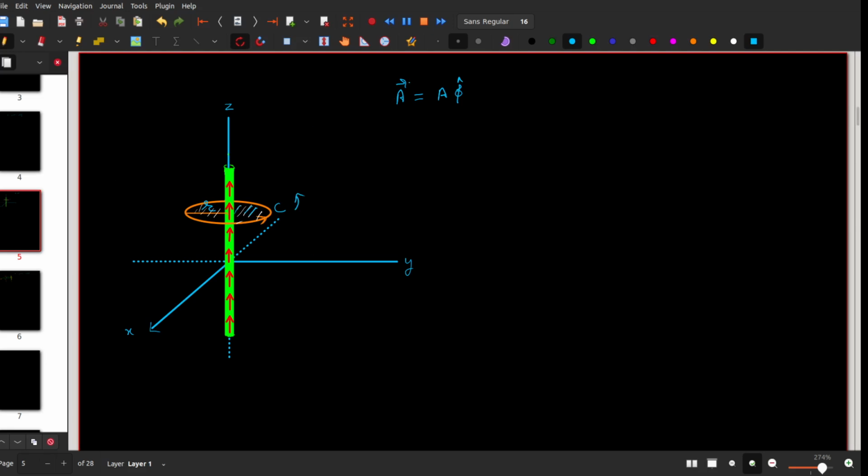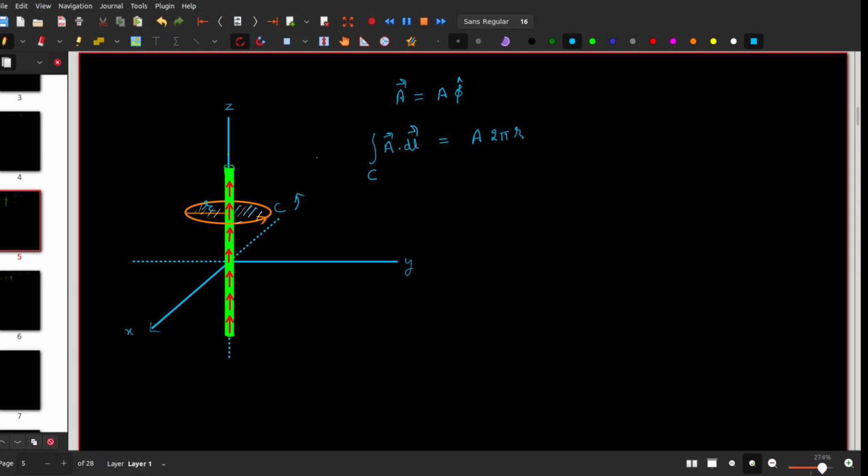Now, if we integrate this vector potential along a circular path C of radius r around this solenoid, then since A is constant along this path and is pointing in the direction of the angle phi, we will get A times 2 pi r, where r is the radius of the circular path.